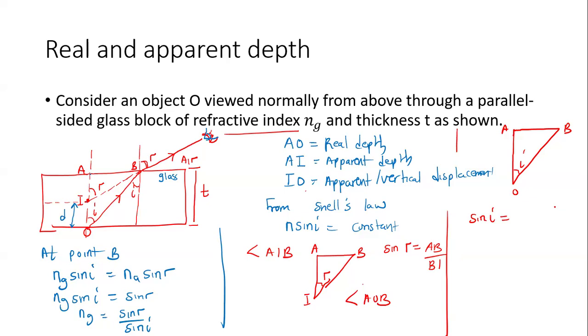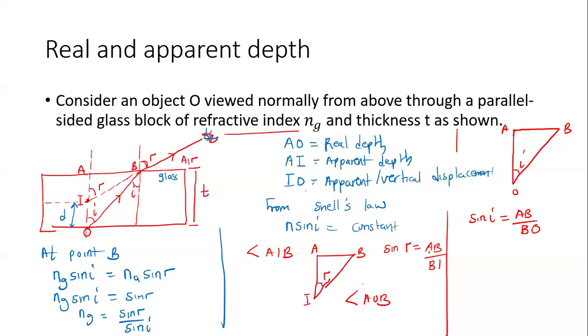Sine of I, we can use opposite over hypotenuse, but the opposite to that one is AB, and our hypotenuse is BO, the longest side. Good.